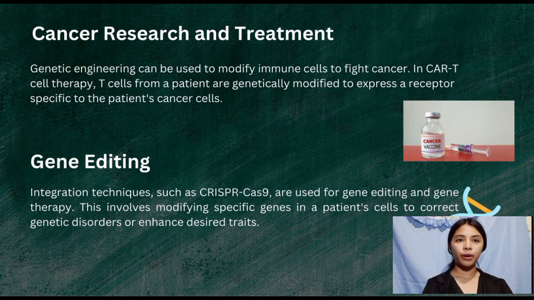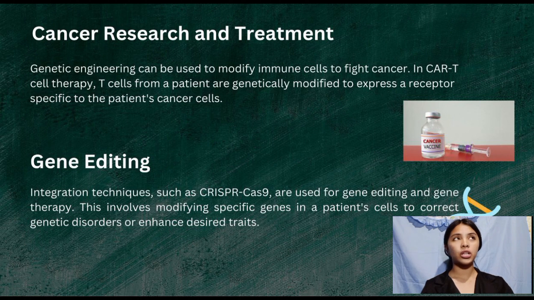The T cell from a patient is modified to express a receptor specific to the patient's cancer cells. So this makes the CAR T cells able to detect the cancer cells that are in the body of the person.